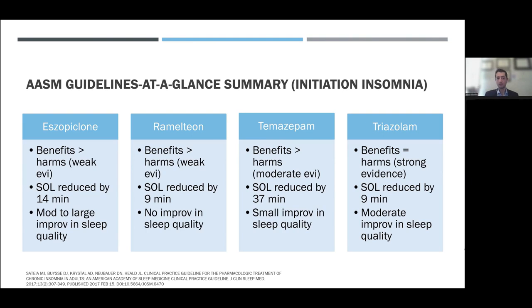So you could see the benzodiazepine and the melatonin receptor agonist have the same reduction in sleep onset latency. Now, we can postulate why there's a perception of better sleep quality with triazolam. It may have to do with its anxiolytic properties, but you could see here that one is not always better than the other. I also try to shy away from triazolam. As you can see here, benefits equals harms.